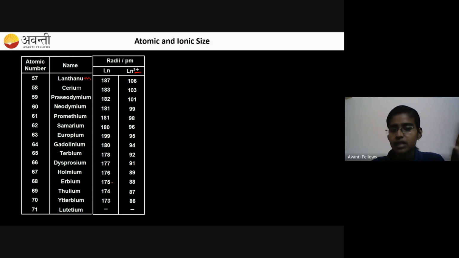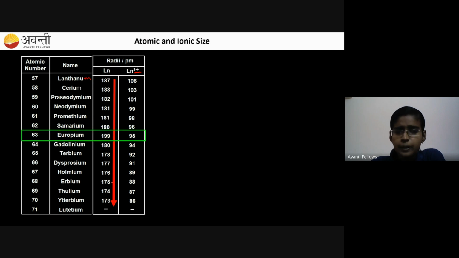From left to right across the period, the size decreases. That is a general trend for the whole periodic table, right? Here the arrow is from top to bottom, but in the periodic table they are in a left to right manner. So from left to right, atomic size decreases and ionic size also decreases.